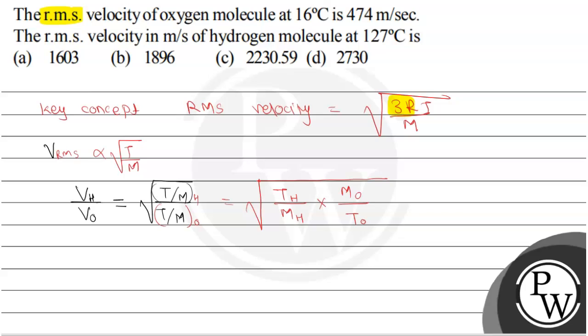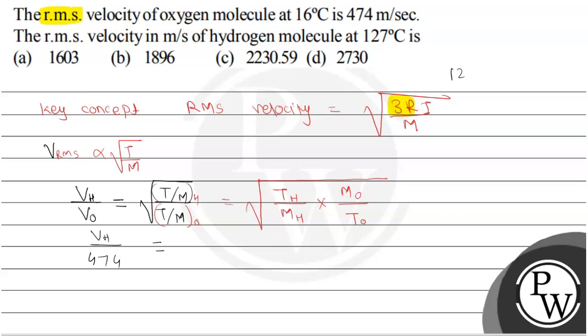So putting all the required values here, VH upon the velocity of oxygen, which is given as 474. Now the temperature of hydrogen is 127 degree Celsius.